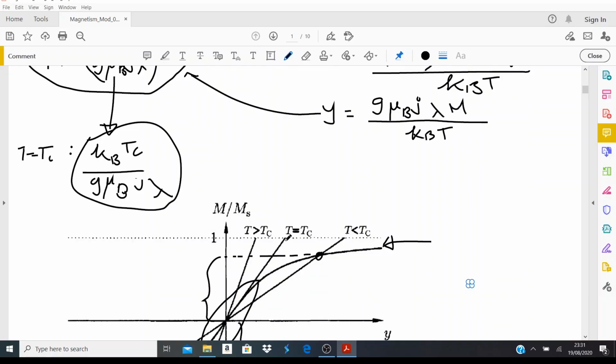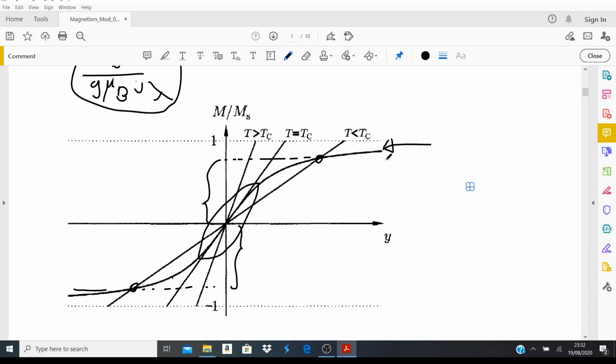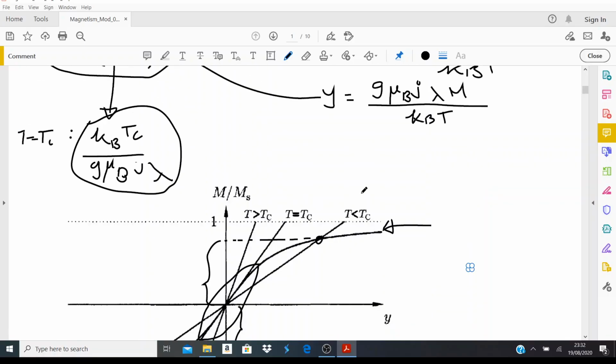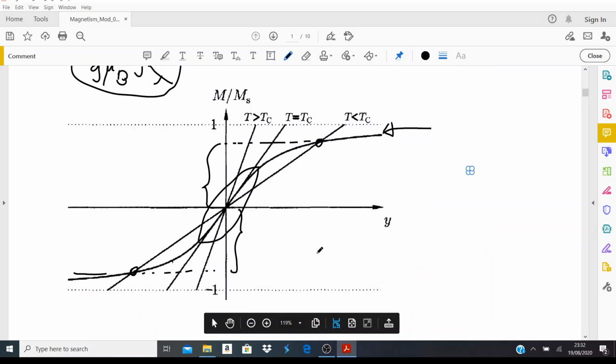And also, if you recall, a nonlinear Brillouin function can be linearized because near the origin it coincides with the straight line. It happens for small values of y.